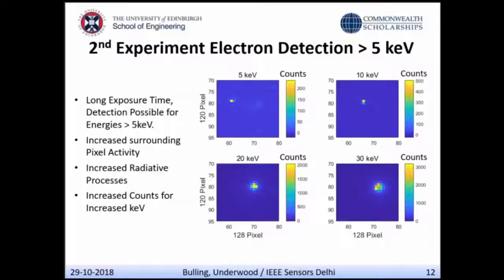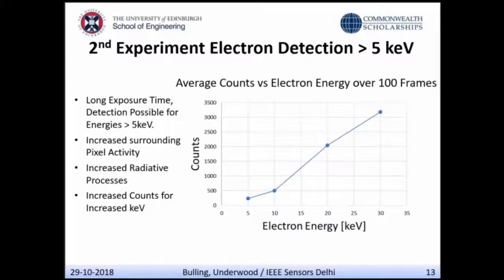But you can see that with increased energies, there's also an increase in surrounding pixel activity. Again, it's clearer here that there's a direct correlation between the counts and the beam energy. We plotted that, and it gives a somewhat linear curve, which is very interesting.